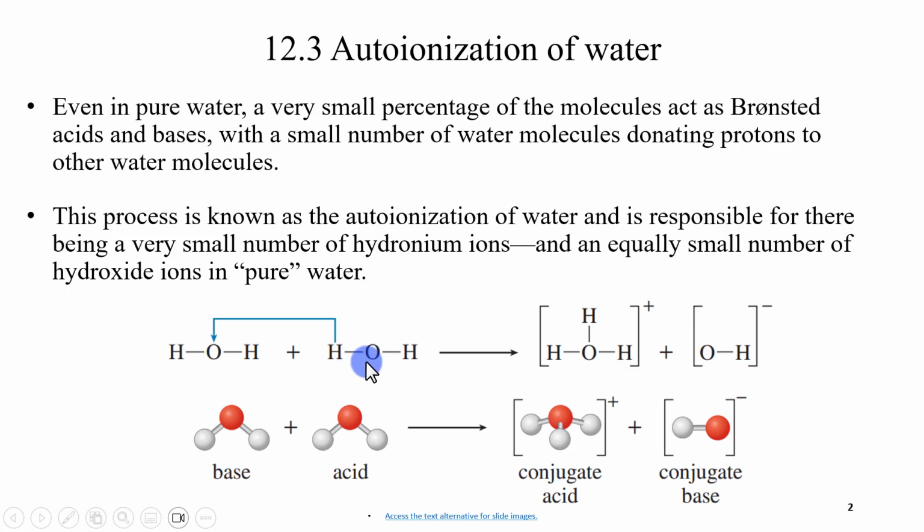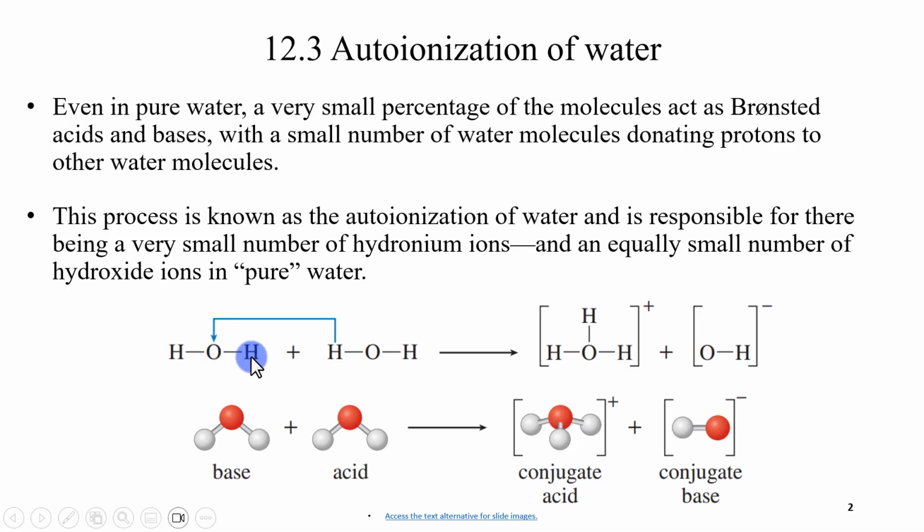And how that happens is one of the molecules donates a proton to the next molecule. The one that's donating the proton acts as an acid, and obviously the one that's accepting the proton acts as a base. What is left over when this molecule gives off its proton? It's the conjugate base of this acid.